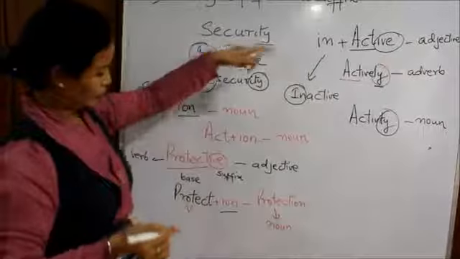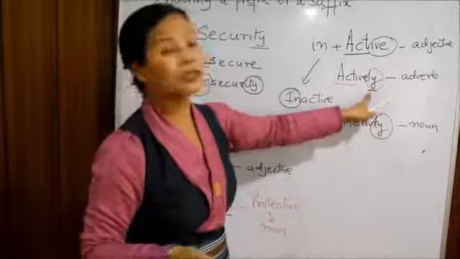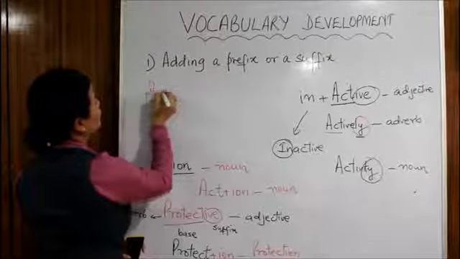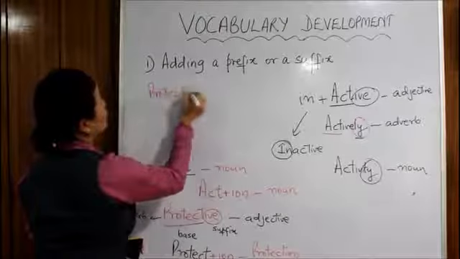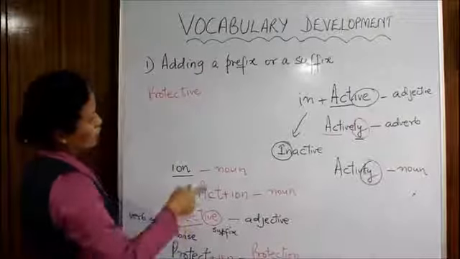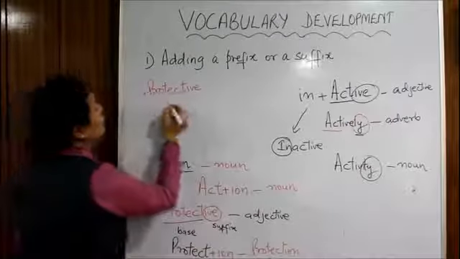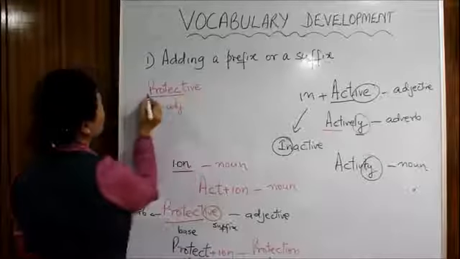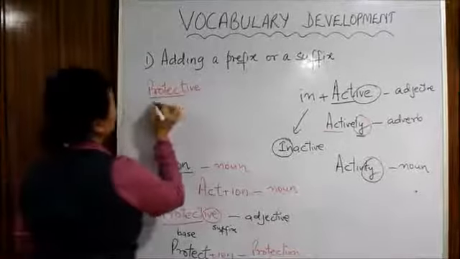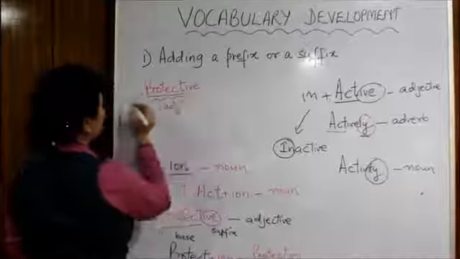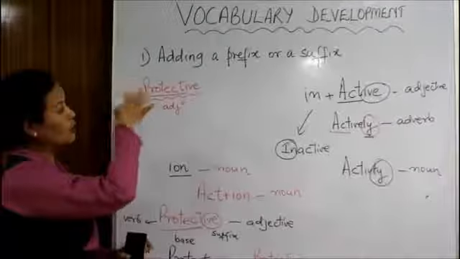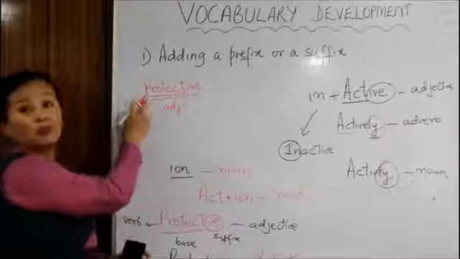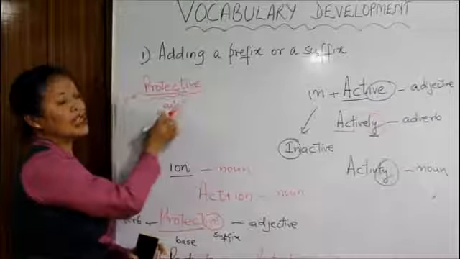Now let's take the suffix ly. Protect is a verb, and protective is the adjective. On adding the suffix IVE to the verb protect, the word changes into its adjective form.